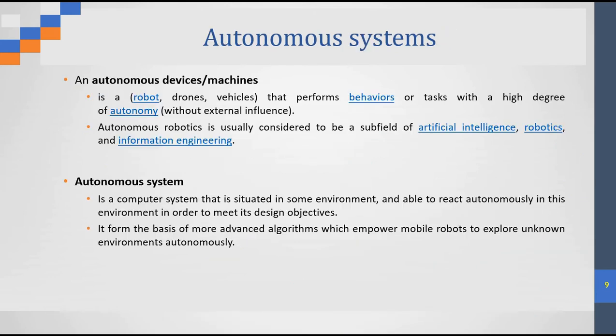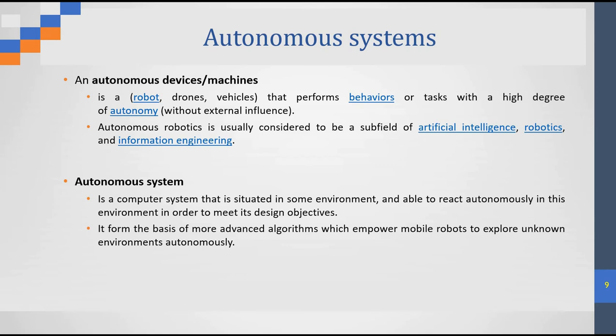So guys, now we come to our definitions. We start with some examples of autonomous systems, or not exactly the autonomous system, but the definition or classification of the available devices or systems.